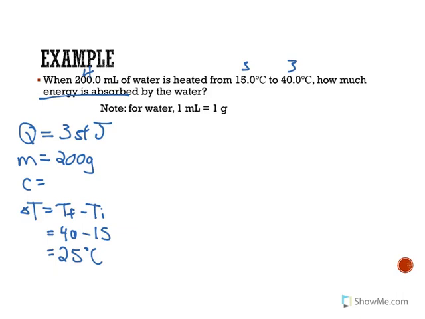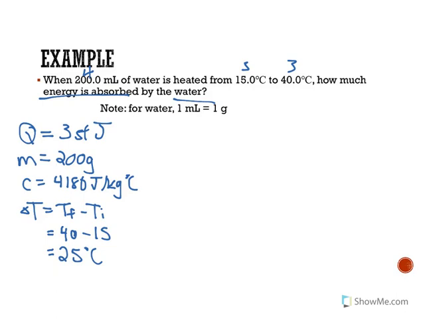And our question is asking us about water. We need to look up water on our specific heat capacity table. Now, water has a specific heat capacity of 4180 joules per kilogram degrees Celsius.